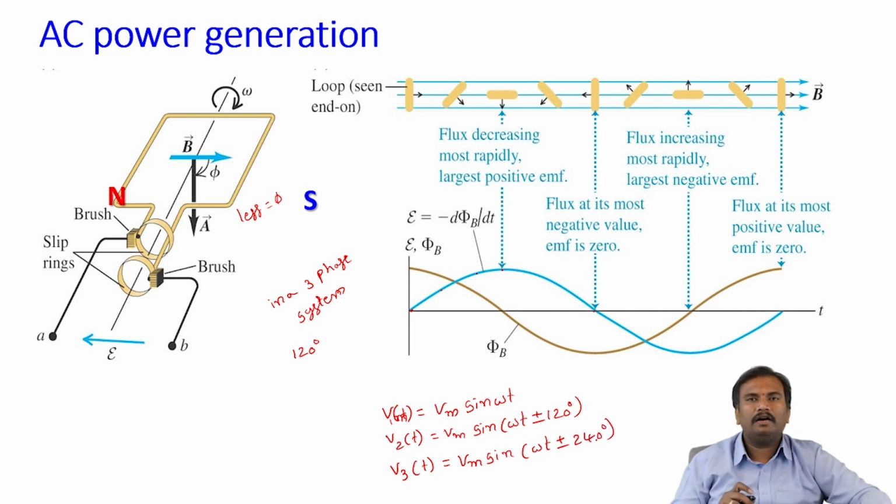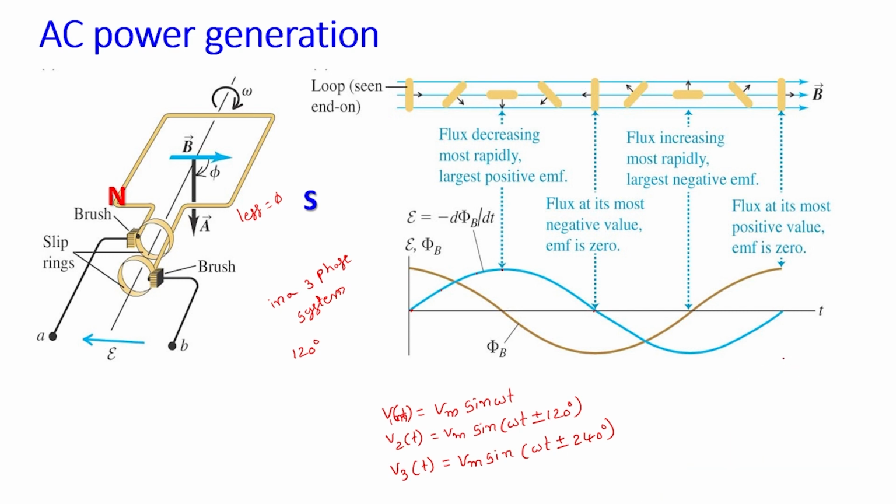Like this, we have the waveforms with a displacement of 120 degrees, and we can draw the phasor diagram like this. This is the VA phase, VB phase, and VC phase, each displaced by an angle of 120 degrees.